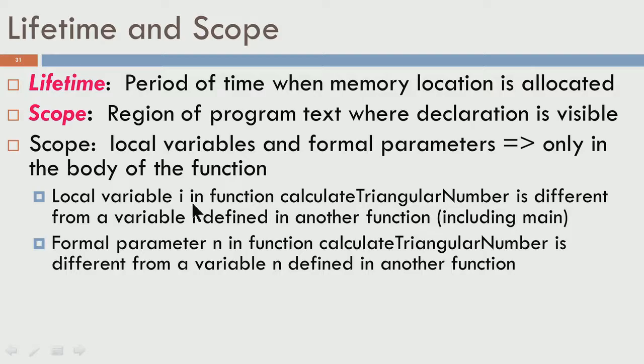So, the local variable I in a function is different from any other variable I you declared anywhere else, and the formal parameter n is also different from any other n that you have declared or used anywhere else. It is not only that I and n are not alive outside there, you are free to use I and n in other places, in other functions including the caller.